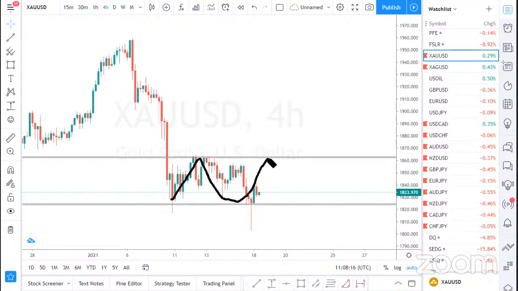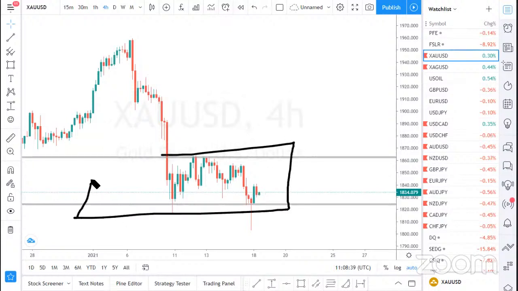I tag this kind of market as a point A to B trade setup. If I want to buy gold right here, the risk reward ratio is not favorable, so I'm going to neglect the setup we got on the gold.